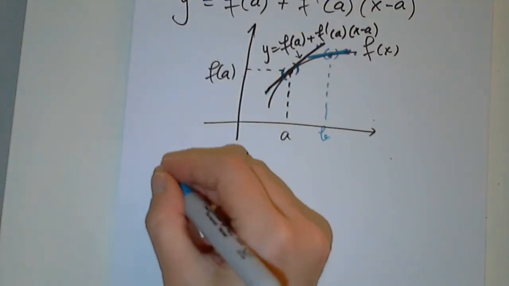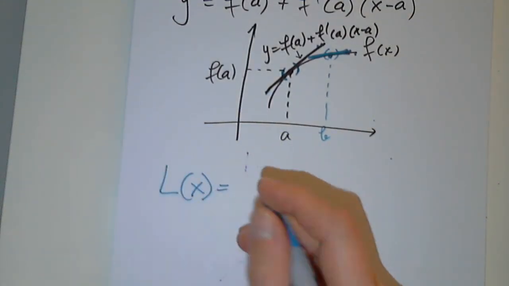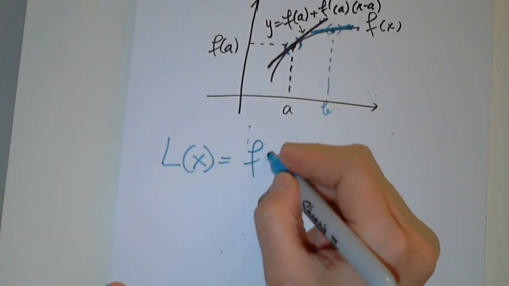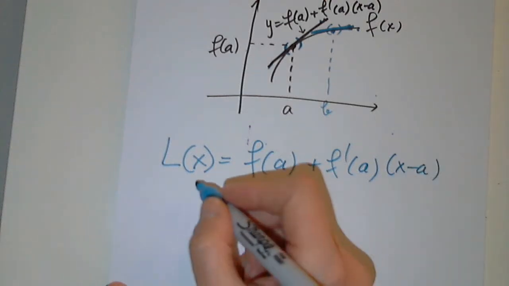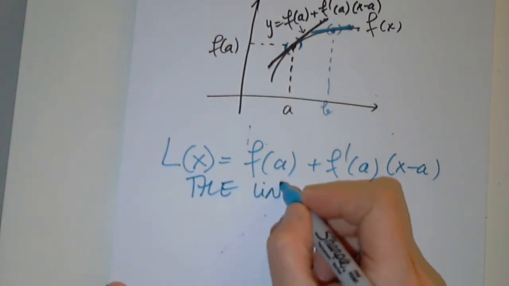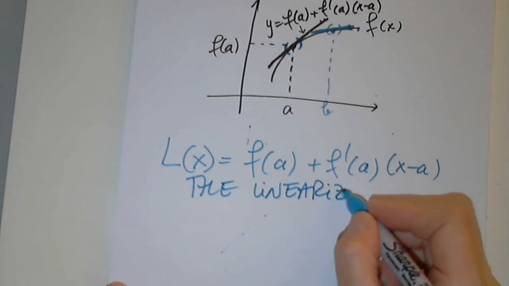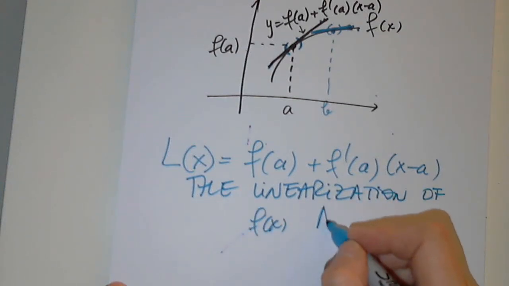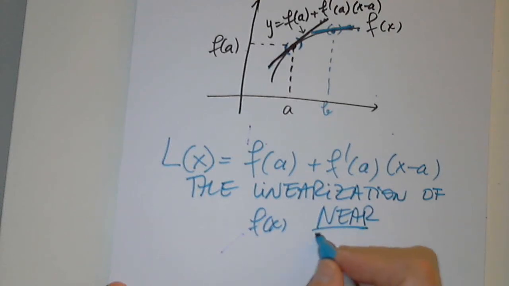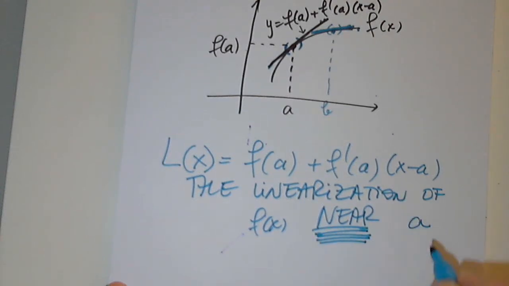So this, as a function, f of a plus f prime of a times x minus a, is called the linearization of f of x. Very important word. If you move away from a, then you're not going to be able to use the same equation. We have to create another equation.